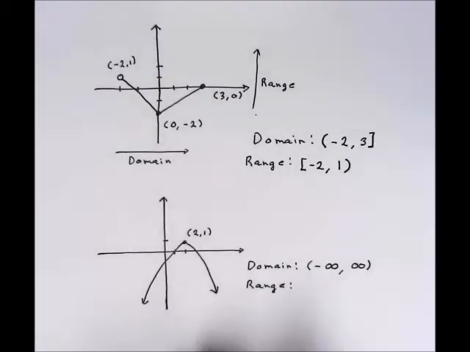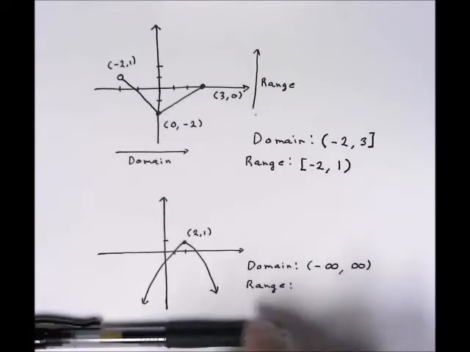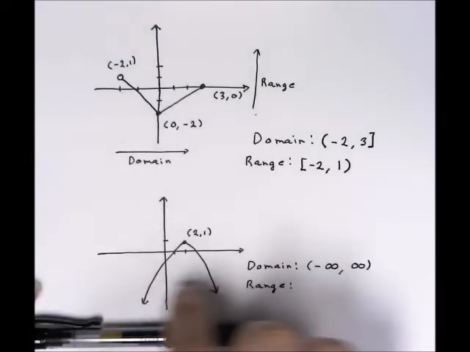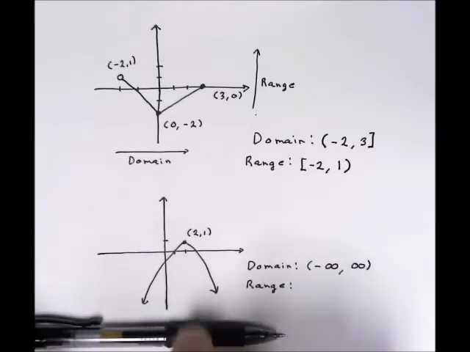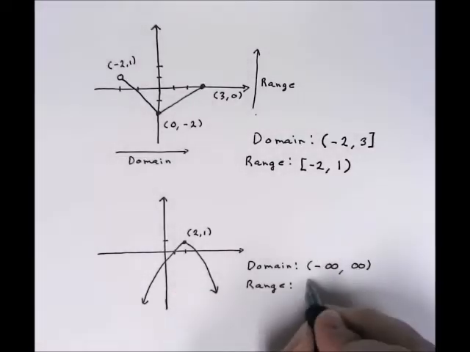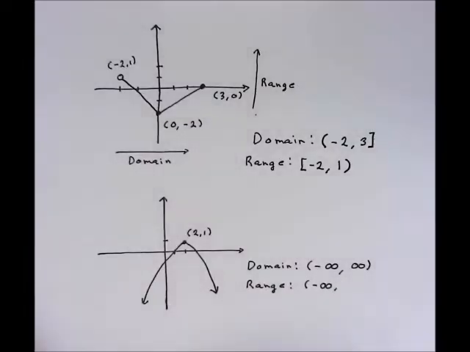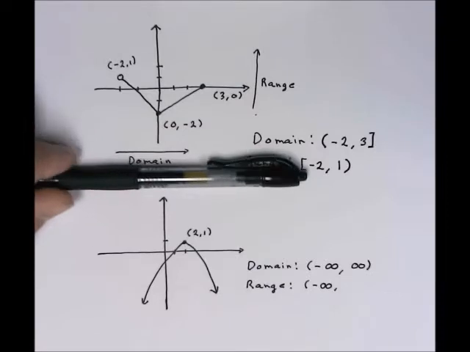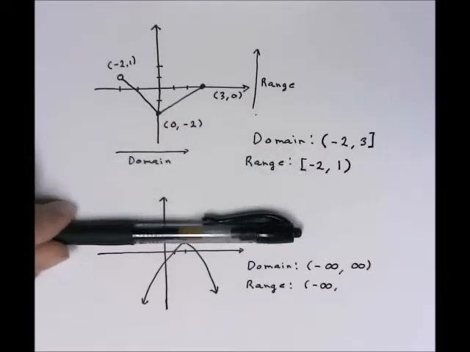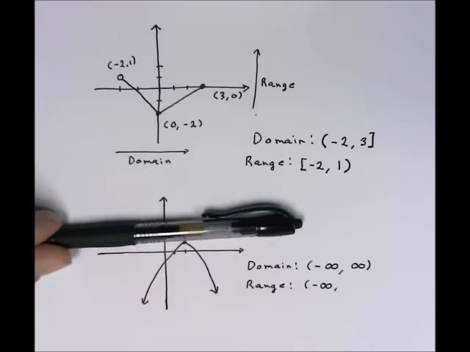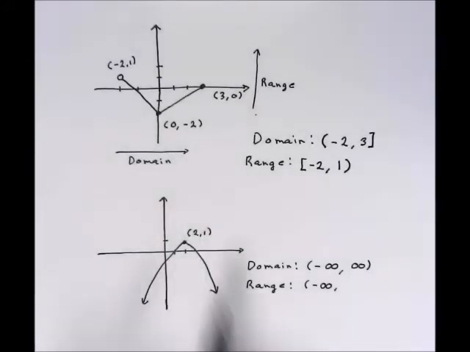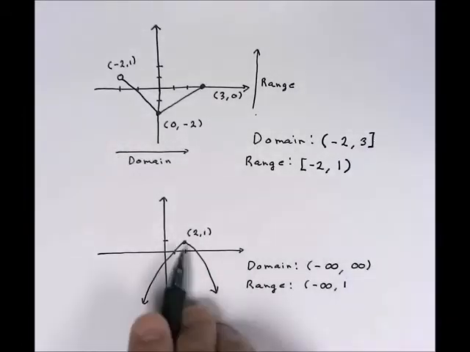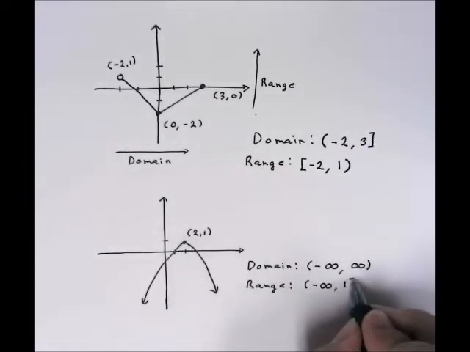In range, remember, we go from bottom to top, and as I bring my invisible line up, I still have those arrows, so that means the graph goes down forever. So the range goes down to -infinity, and for the top, as I bring my line down, I stop right there. And the y value of that is 1. And since it's a closed dot, I get a closed bracket.